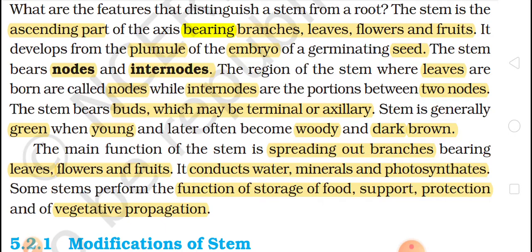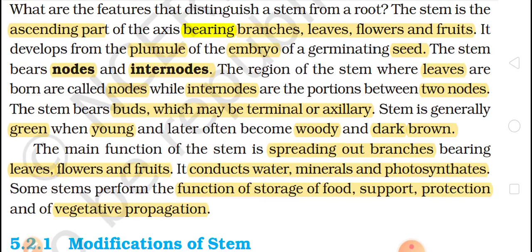If we cut a sugarcane stem into a number of pieces, each piece has the capability to grow into a new individual. They also store food, as we have seen in potato, ginger, zamikand.